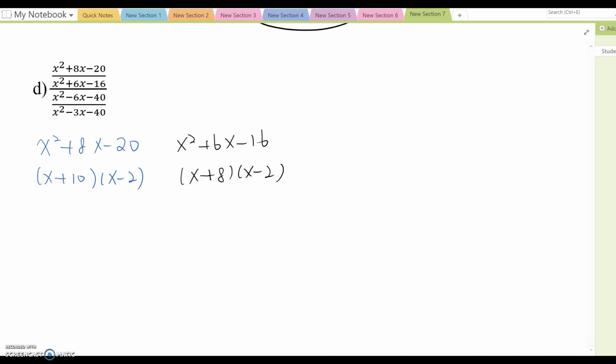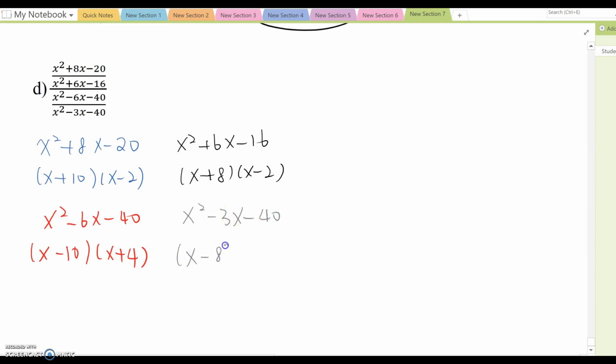Third one, x squared minus 6x minus 40, which is (x minus 10)(x plus 4). And the last one, x squared minus 3x minus 40, becomes (x minus 8)(x plus 5).